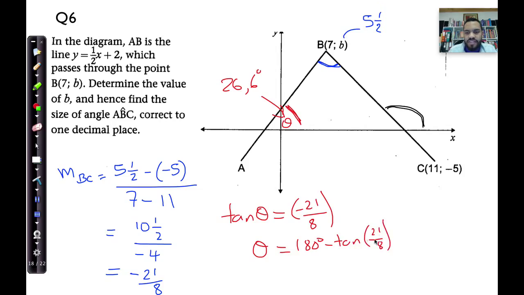Of course I've just made that the positive version. So we go second function tan of 21 over 8, and after I subtract, this should give me 69.1. That will give me the little angle over there. If I take tan inverse of 21 over 8, I get 69.1.